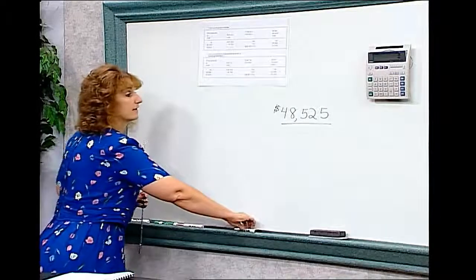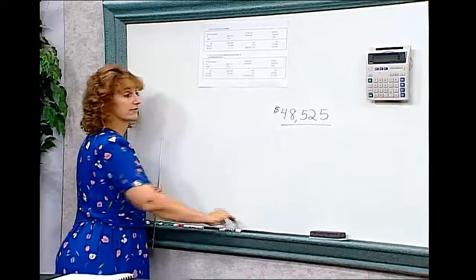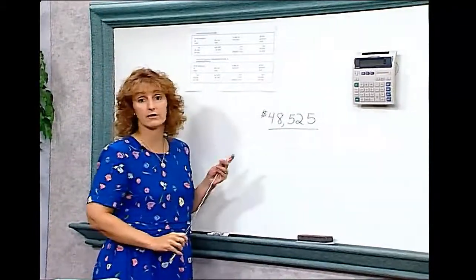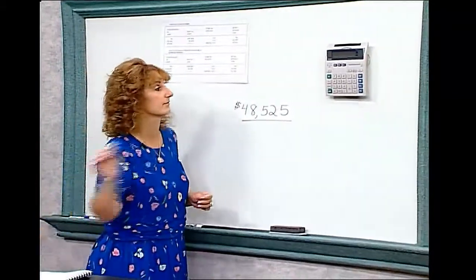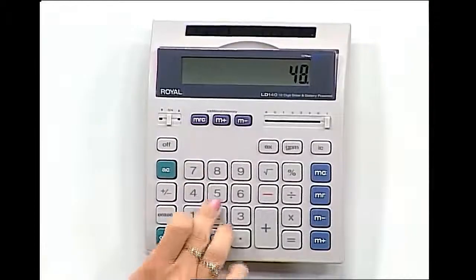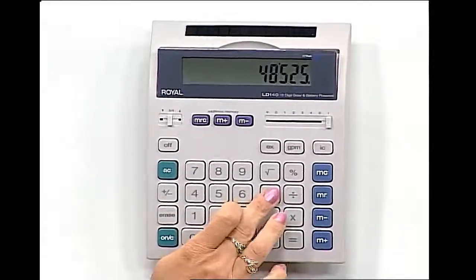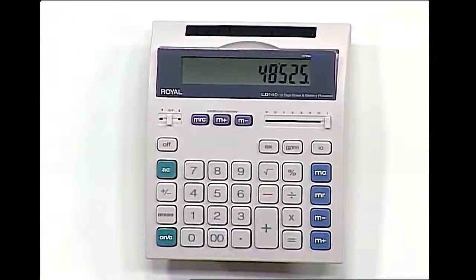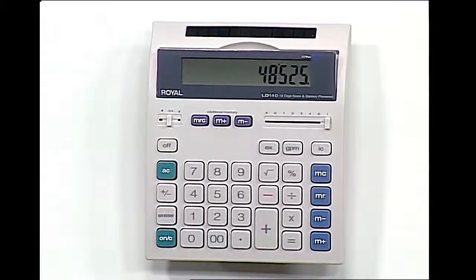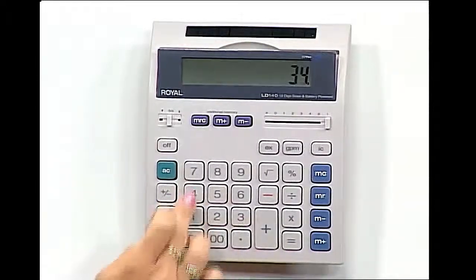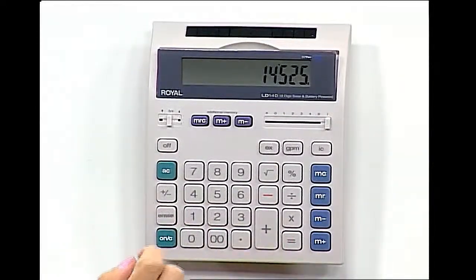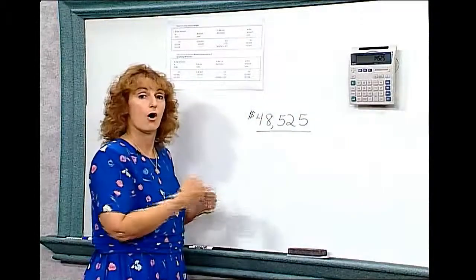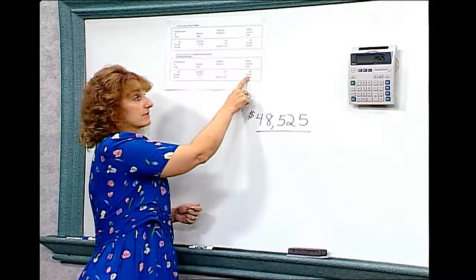So we're going to take our $48,525. Let's go to the calculator. $48,525, and I'm going to subtract the $34,000 we saw on this chart. To find out they made $14,525 over $34,000.